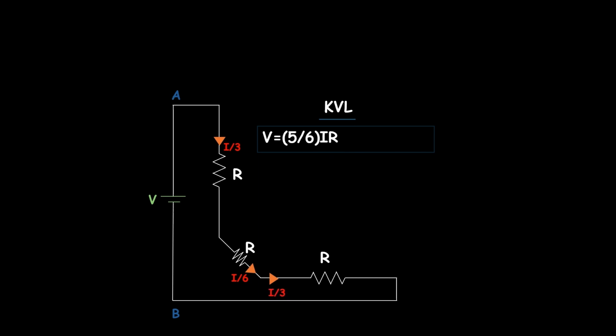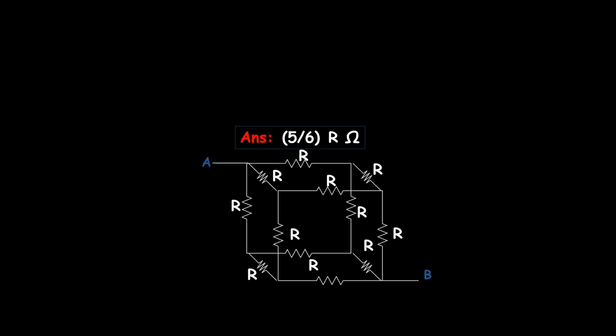It can be solved as V is equal to 5 by 6 into IR. We need to take the V by I ratio to get the equivalent resistance along AB. So we get the V by I ratio as 5 by 6 R. So the equivalent resistance along AB is 5 by 6 R ohm. So we now got the answer as 5 by 6 R ohm.